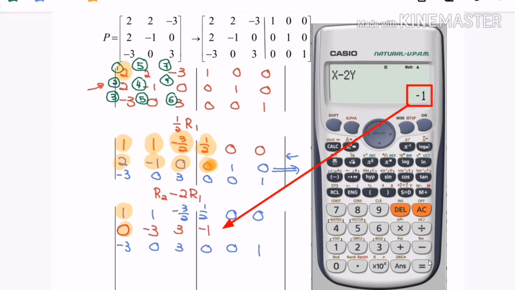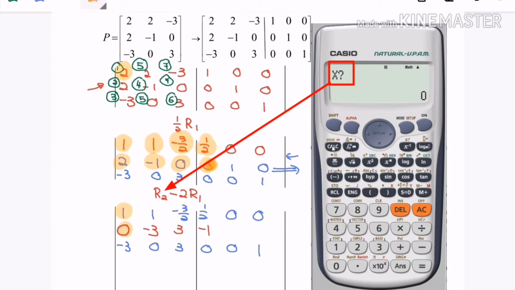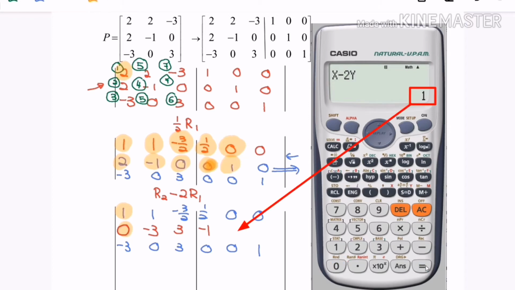Again, repeat the same thing, pressing the button Calculate. They're asking you, what is your R2 in here? My R2 is equal to 1, so press the button 1. What is your R1? My R1 is 0. Press 0, then press equal. My answer is equal to 1. Then repeat the same thing.